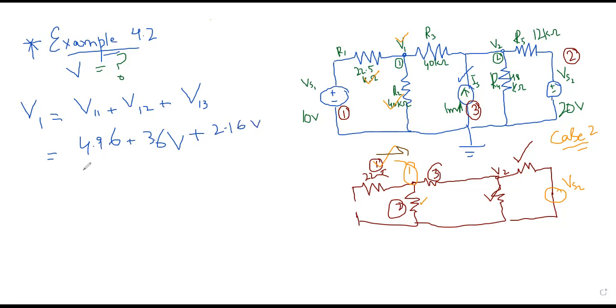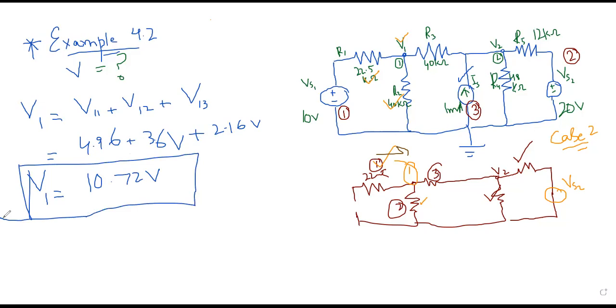So after the summation, this value is V1 equals 10.72. So this is the way to calculate the values of voltage while using the superposition theorem.